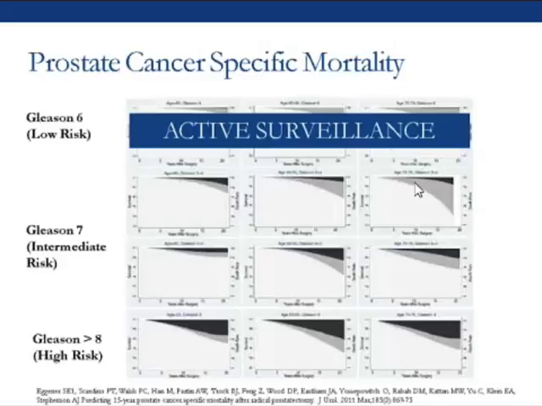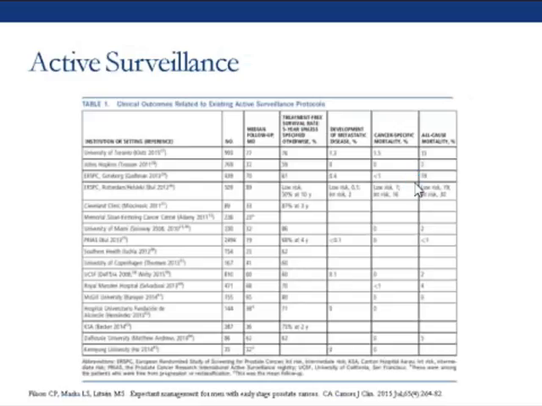And so groups from Toronto and Johns Hopkins really revolutionized managing prostate cancer with the concept of active surveillance in a subset of patients. And numerous studies have demonstrated that active surveillance works. This is an excellent review looking at numerous groups that have used active surveillance in treating prostate cancer. And what they show is a similar prostate cancer-specific mortality in these patients with less than 1.5%, about 5 years.